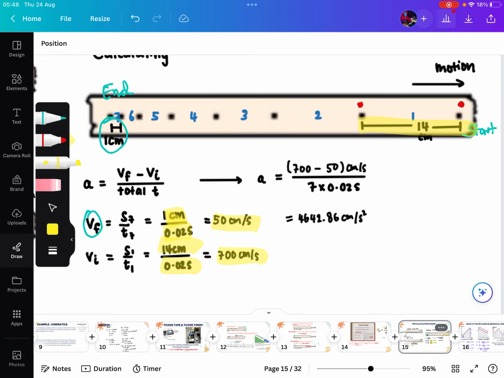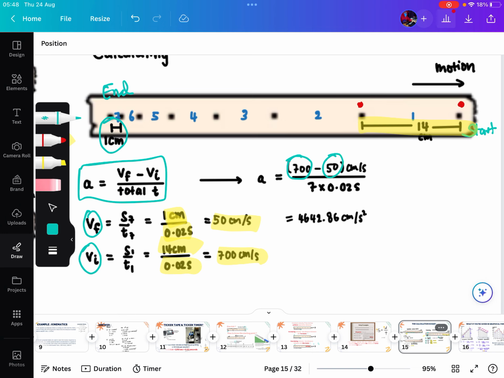So what do you do with these values? You just apply the formula: A equals V final minus V initial divided by total time. V final is 700, not 70, 700 cm per second, and V initial is 50. What is the total time?